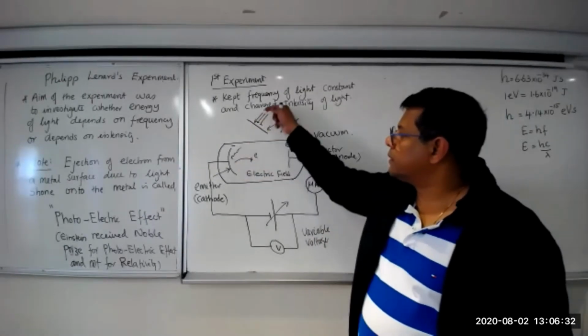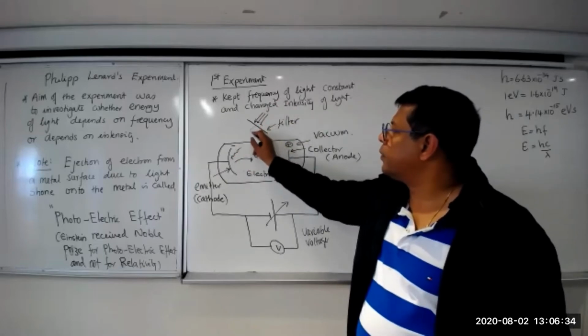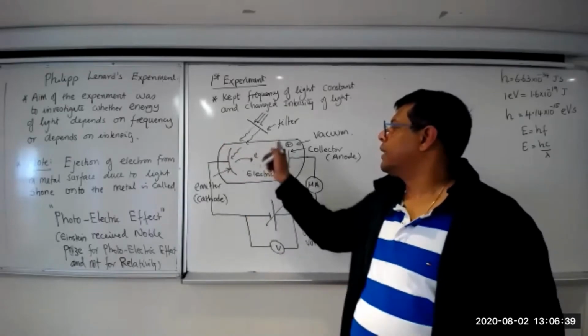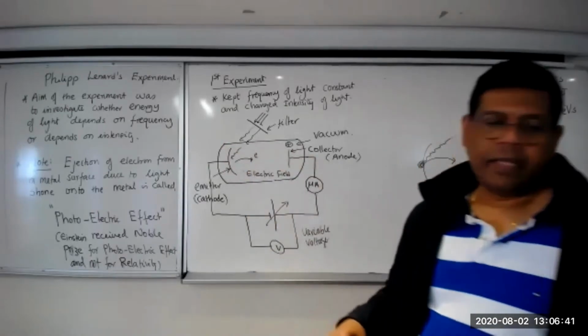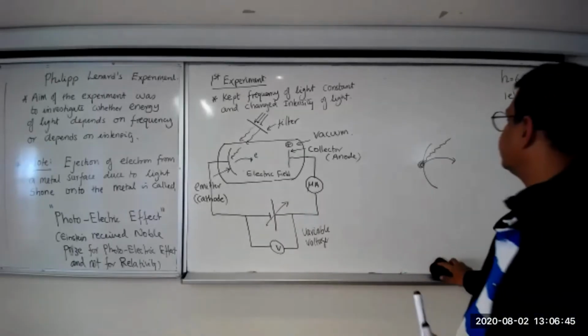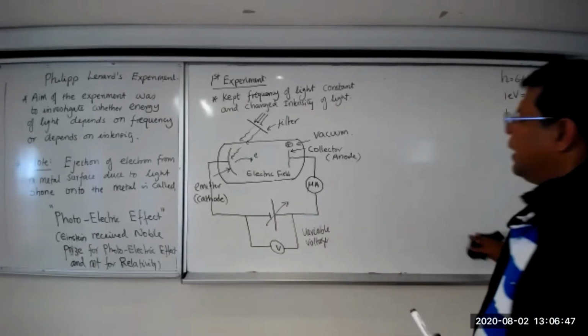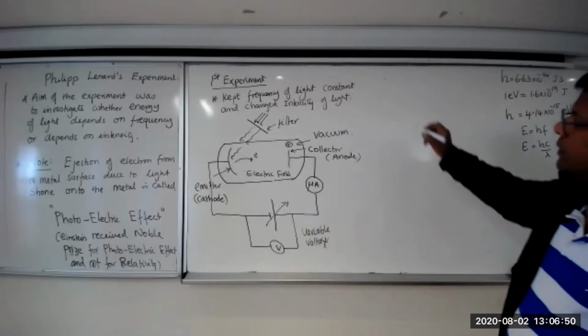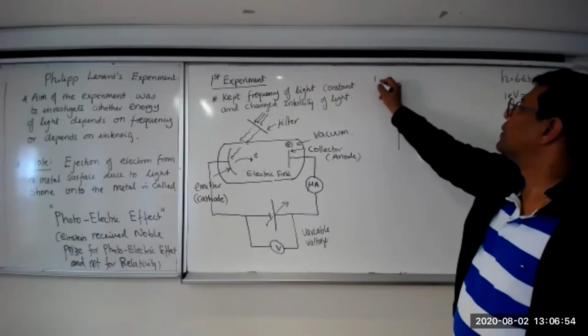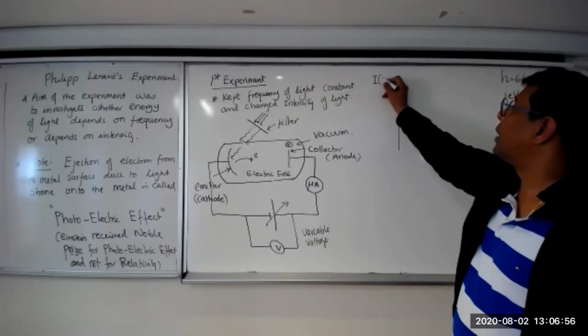Now the electrons gain energy because of the light shining onto it. They jump into the collector. And then he started plotting graphs. We measure the current. Maybe these are microamps.